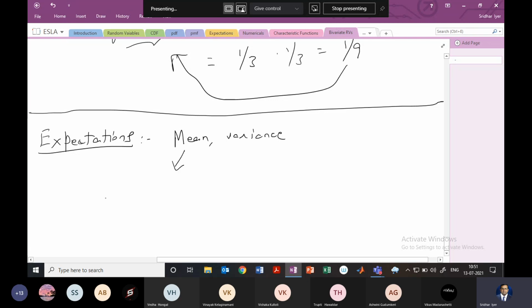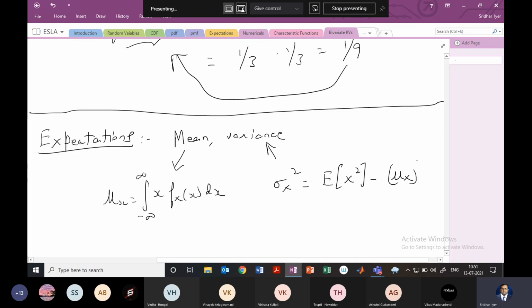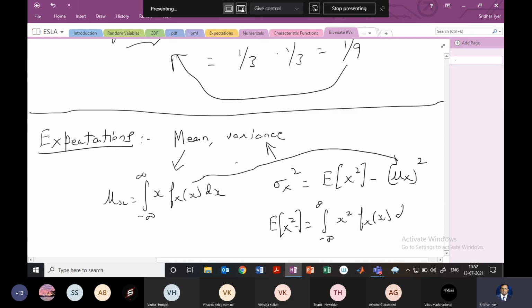If you have to find the mean, denoted mu x, it is the integral from minus infinity to plus infinity of x fx of x dx. The variance, sigma x square, is e of x square minus mu x the whole square. You get your mu x from here, and e of x square is an extension of finding the mean value: the integral from minus infinity to plus infinity of x square fx of x dx.